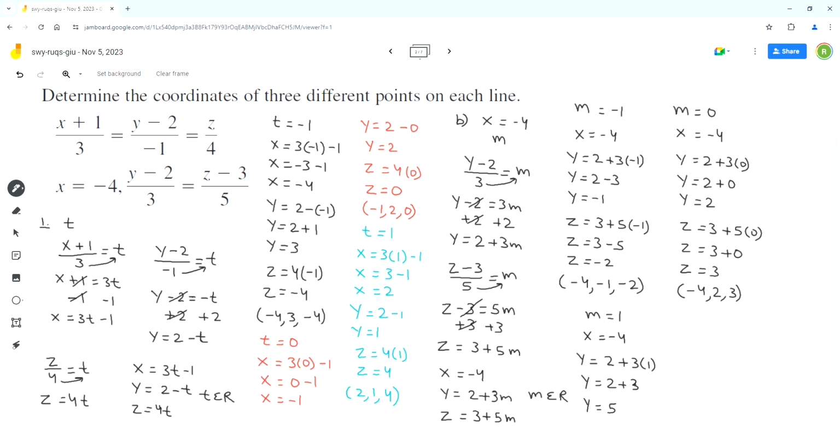Now we can sub in m as 1 in the z equation. I get z equals 8. So the third point on this line is -4, 5, 8. So these are the 3 points on the second line.